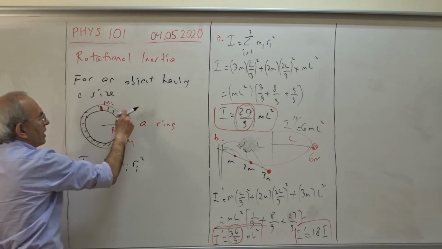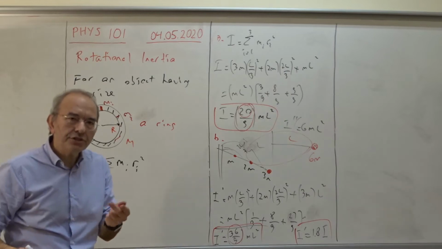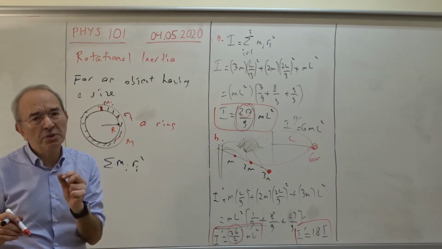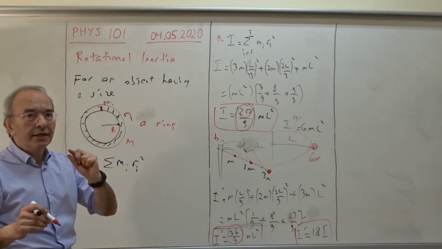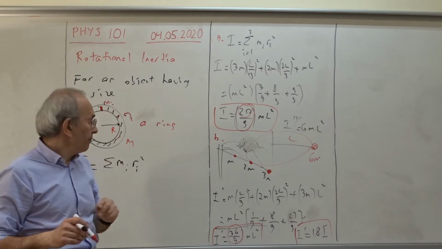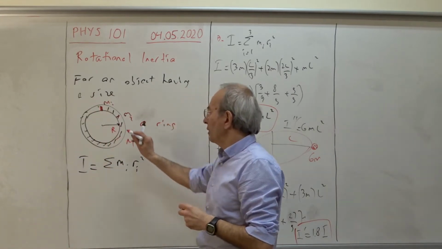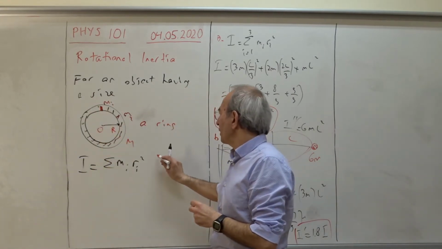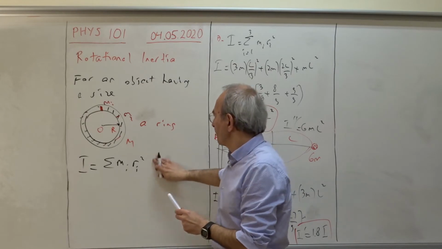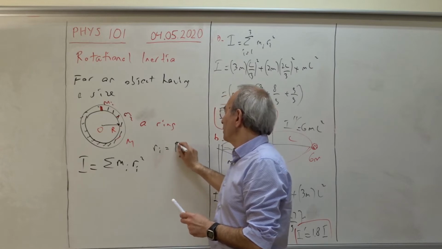This is m1, that is m2, m3, m4, up to m1 million. If you divide this ring into 1 million small pieces, each mass has the same value if you divide them equally, and each mass is at the same radius r from the center O, so each r_i is just r.